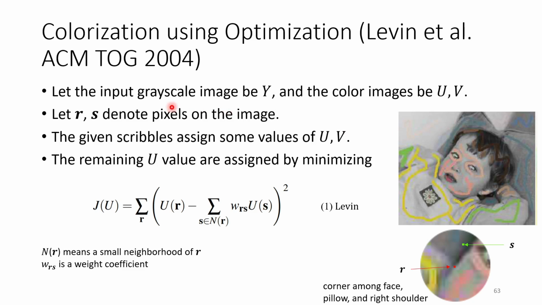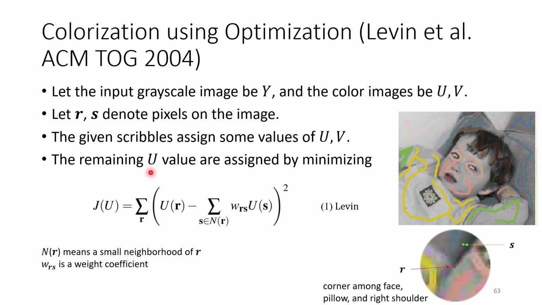Okay, let me explain the notations here. R and S are pixels, just 2 pixels. And from those given scribbles, we know some UV values. The remaining U value and the V value are the same. They use the same equation for both U and V.